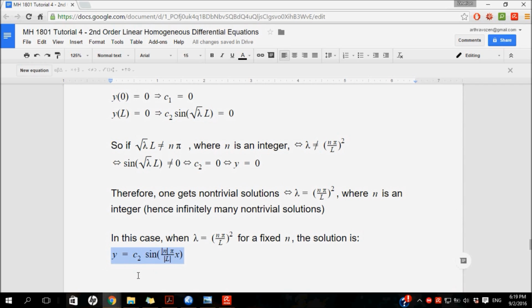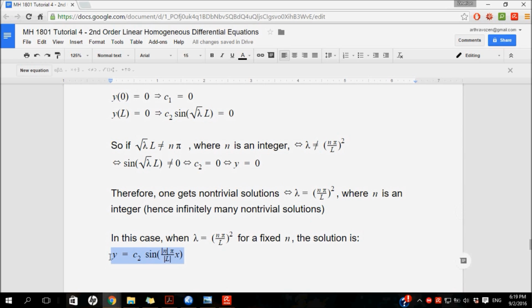This is the general solution for the case when lambda takes such a value, which corresponds to all those cases where we can get non-trivial solutions.